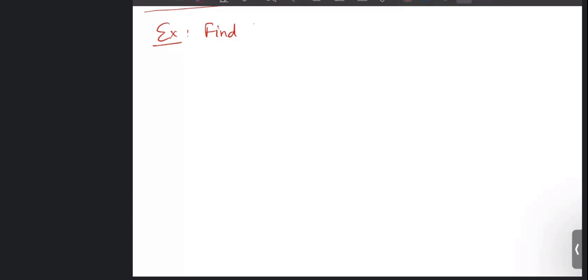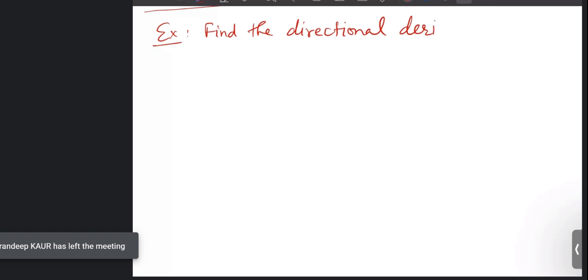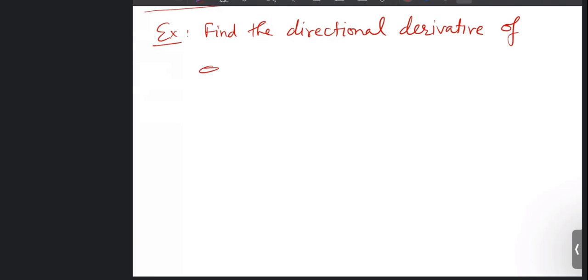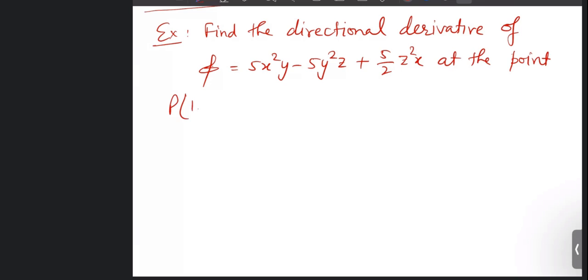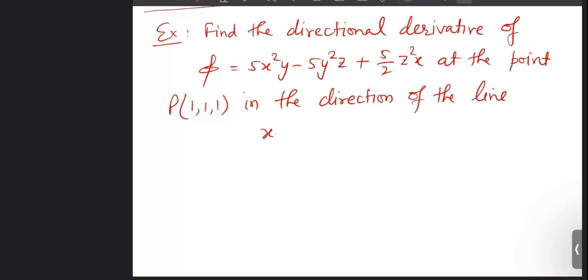Find the directional derivative of this scalar point function 5x square y minus 5y square z plus 5 by 2 z square x at the point P, that is (1, 1, 1), in the direction of the line (x minus 1) divided by 2, (y minus 3) divided by minus 2, and z is equal to 1.